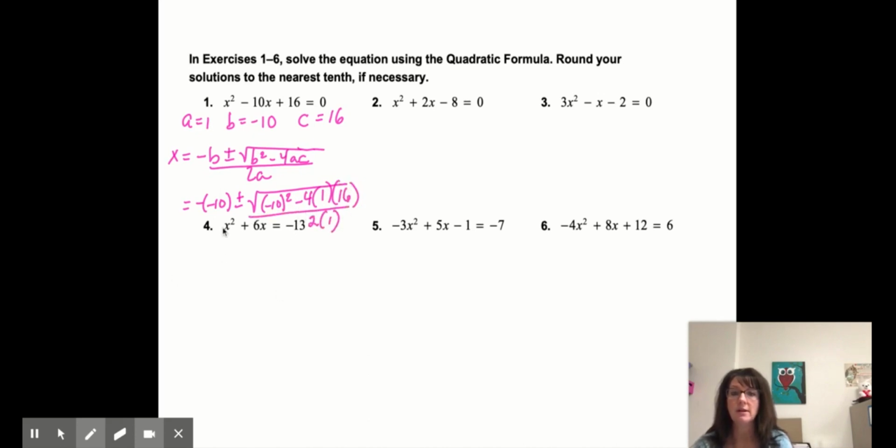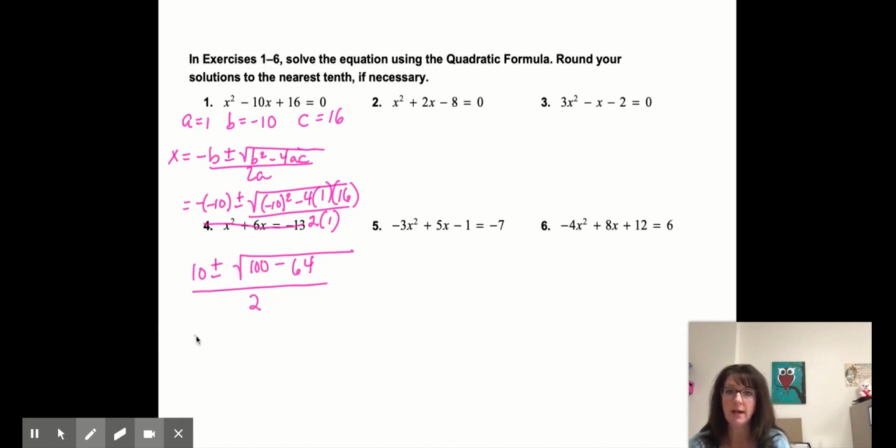So I'm going to continue on down here. We'll have a positive 10 plus or minus the square root of negative 10 squared, which is 100, minus 4 times 1 times 16, which is 64, and then all of that is over 2.